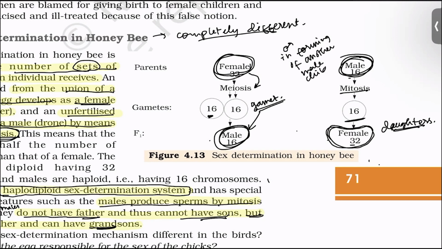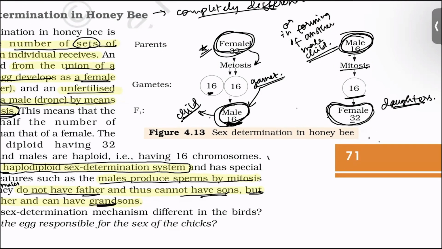That's why you can see that this male child will have only mother, but not father. And similarly, male cannot produce sons. They might produce daughters, but not sons.